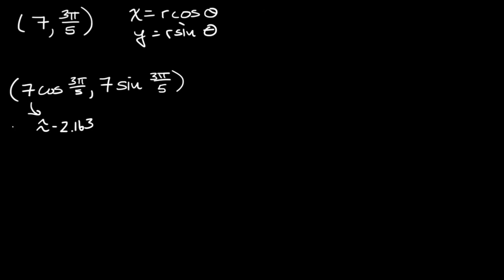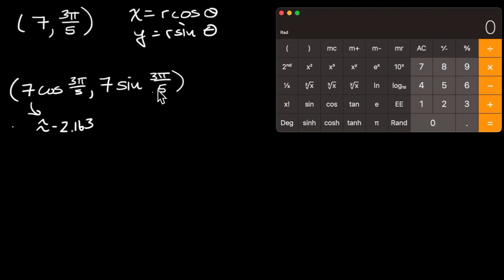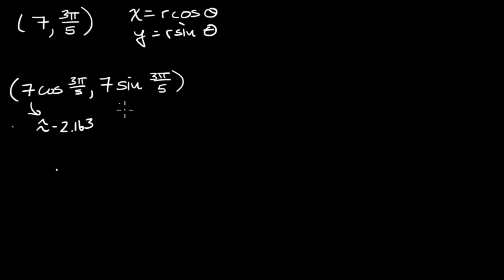And then if we were to do the same thing for the y value, we would take 3 times pi divided by 5, take the sine of that, and then multiply that times 7. That's approximately 6.657.